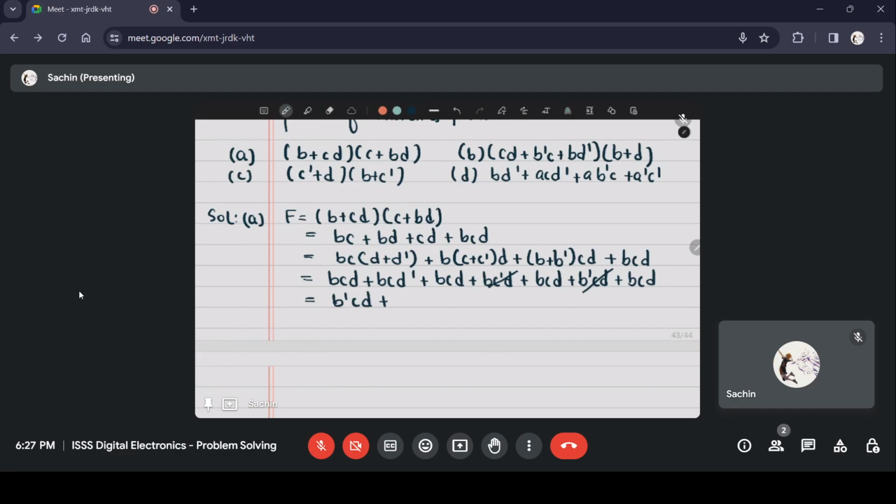You don't have B, C prime, D prime. We don't have B, C prime, D. We have B, C, D prime, that's 6. Then you have B, C, D. So that's M3, M6, and M7.